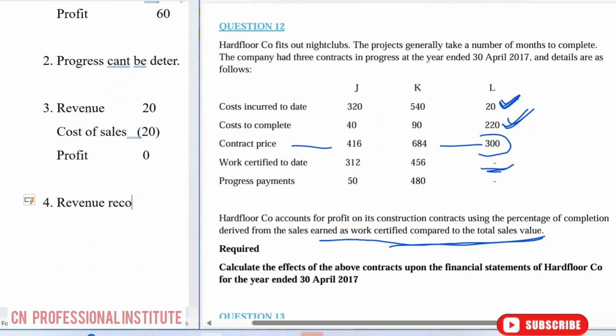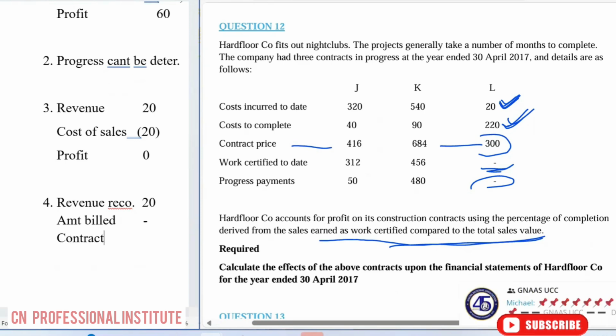How much is it? 20. That's the one we are recording. Then amount billed. Can you see it is dash here? Amount billed or progress payment is dash. Are you following? So our contract asset will be 20. It means that they've not billed the customer yet.